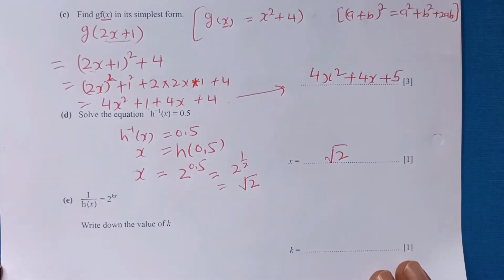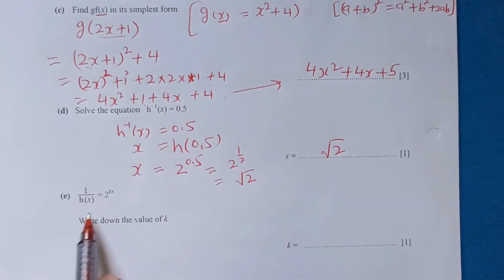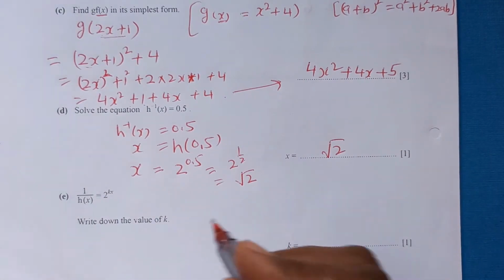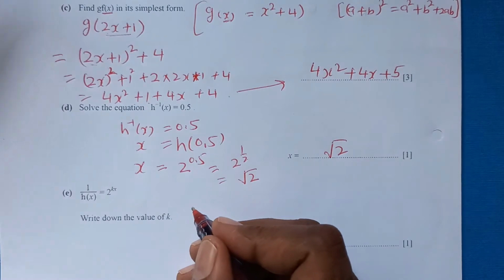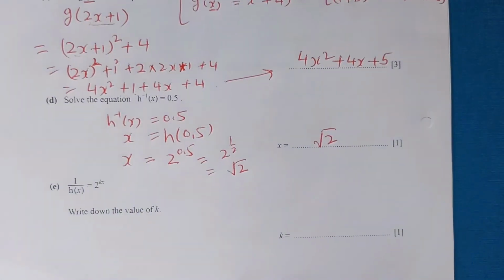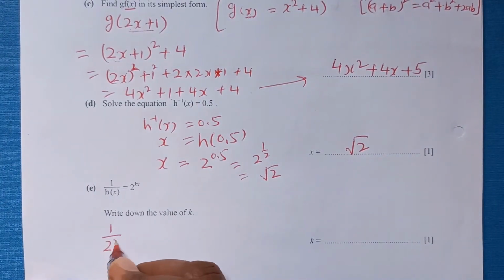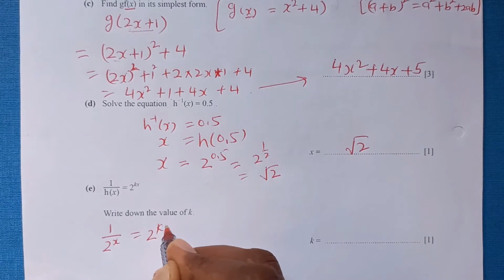Now the next part, E. We are given 1 over h(x) equals 2 to the power kx. So h(x) is 2 power x. So 1 over 2 power x equals 2 power kx.